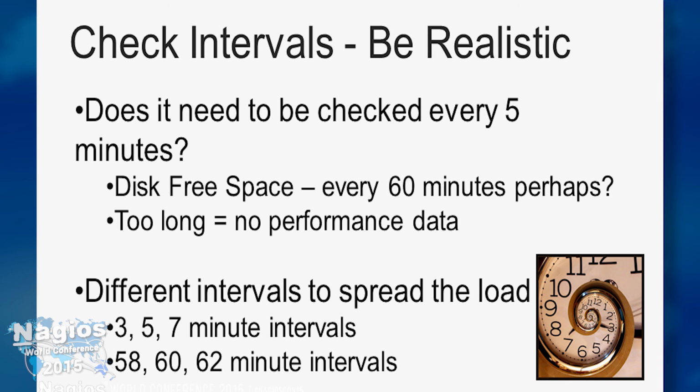But if you have the intervals too long, then you'll have no performance data at all. But if you're going to start changing intervals, then instead of making it every 60 minutes, why not every 58 minutes or every 62 minutes? You could think about randomising some of the check scheduling, instead of having these waves of 5 minutes, 30 minutes, 10 minutes, 60-minute intervals. There's just different ways to think of things.